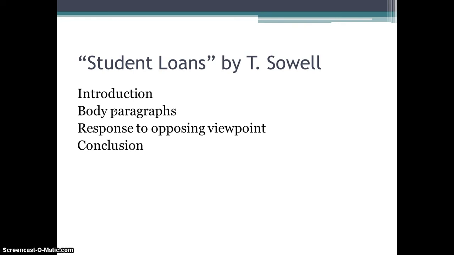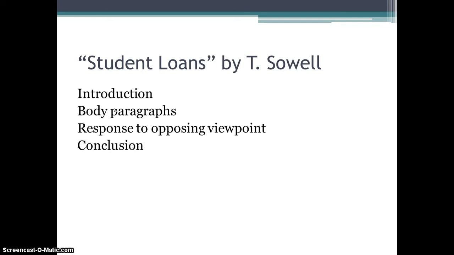And then to conclude, we could possibly bring up a suggestion that more research needs to be done about the problem that Sowell describes and how that might fit into something more of a holistic approach, that what Sowell is talking about is only a piece of the puzzle. So that's one possible idea for an argument response, just something quick.